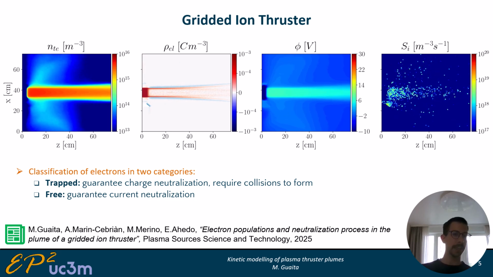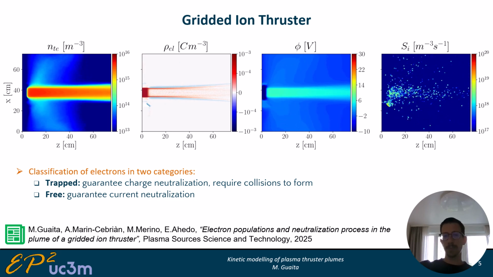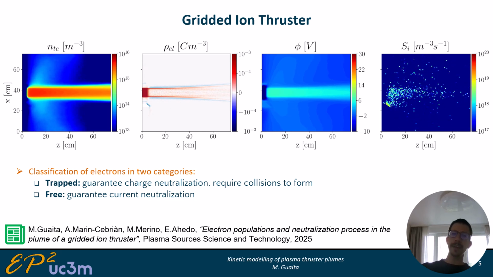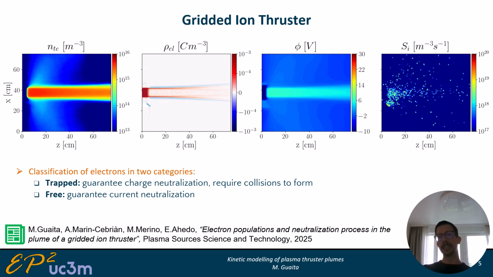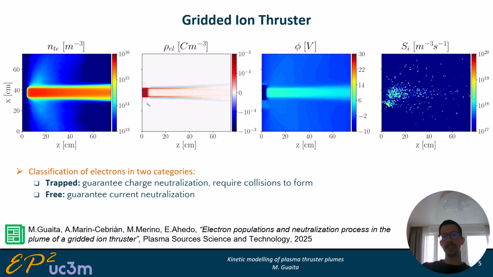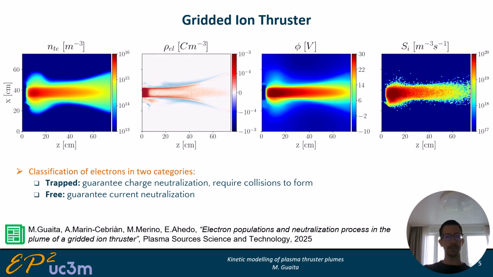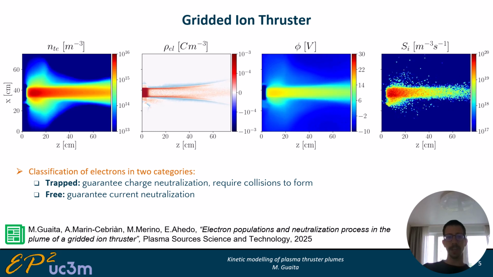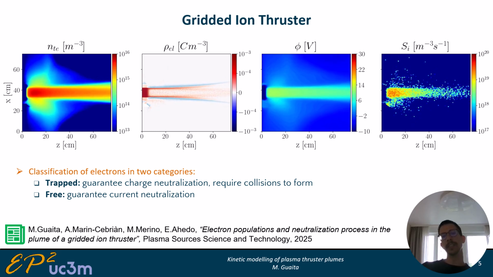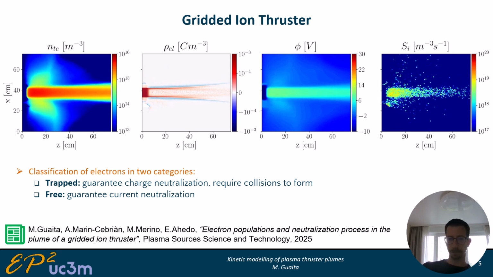The counterpart to these electrons are the free electrons. These electrons are free to escape to infinity. They guarantee the neutralization of the current of the thruster, so the fact that the thruster emits a zero net current. In principle, at the beginning, and in absence of inelastic collisions, all electrons are free electrons. They, however, do not guarantee the charge neutralization of the plume.